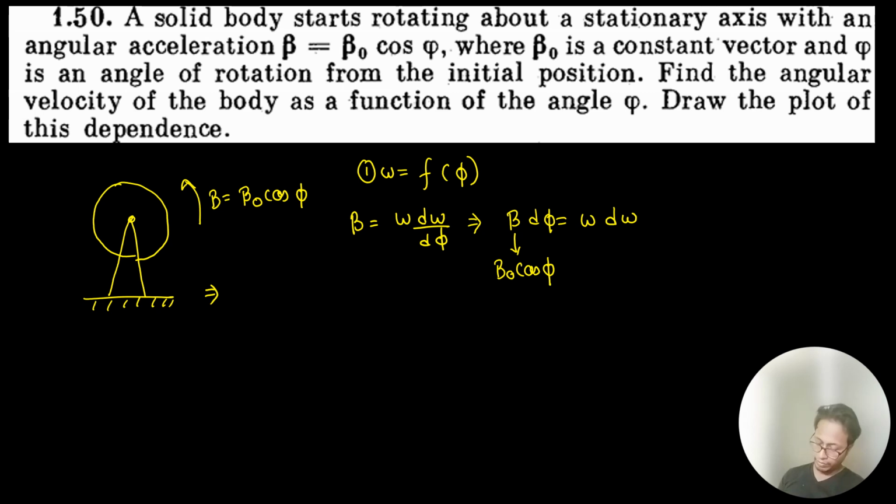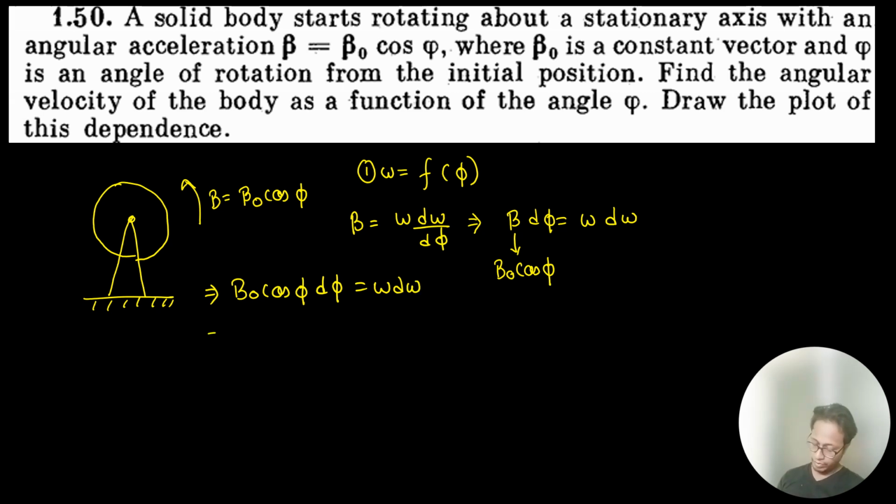I made a little mistake here: beta naught cos phi was the entire angular acceleration, and d phi goes to the left hand side, equal to omega d omega.